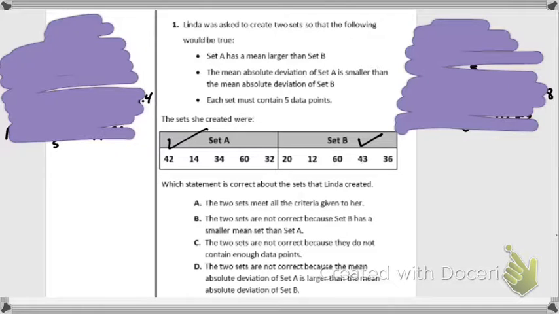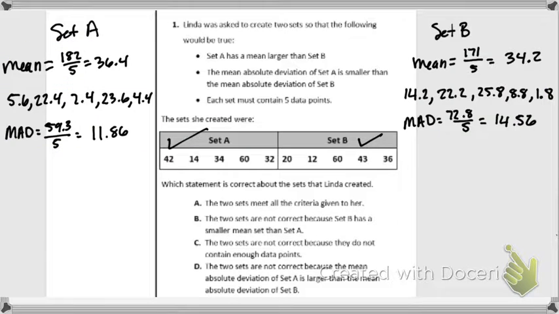Alright, so I have both set A and set B for their mean and then their MAD, right? So for set A, my deviation would be 11.86, and for set B, I have 14.56, and so we're going to check each one.